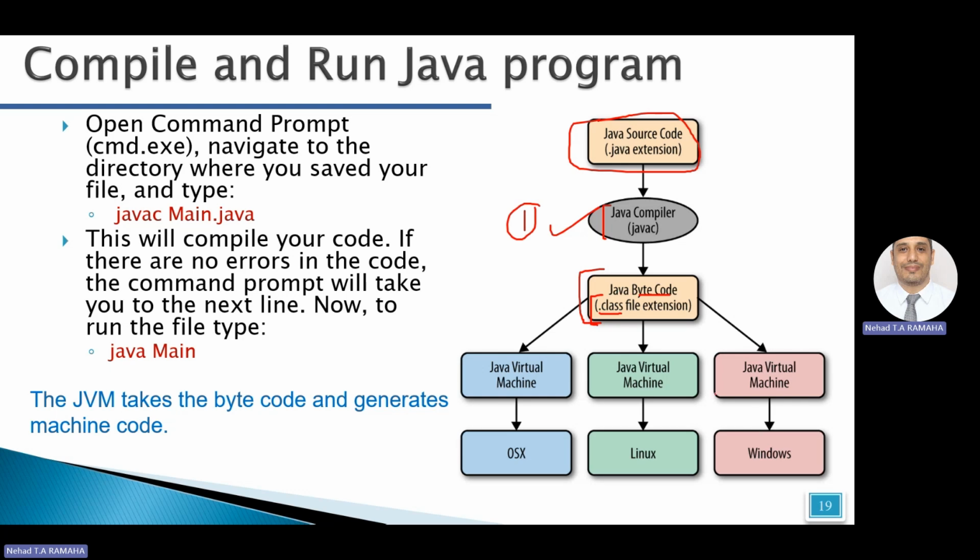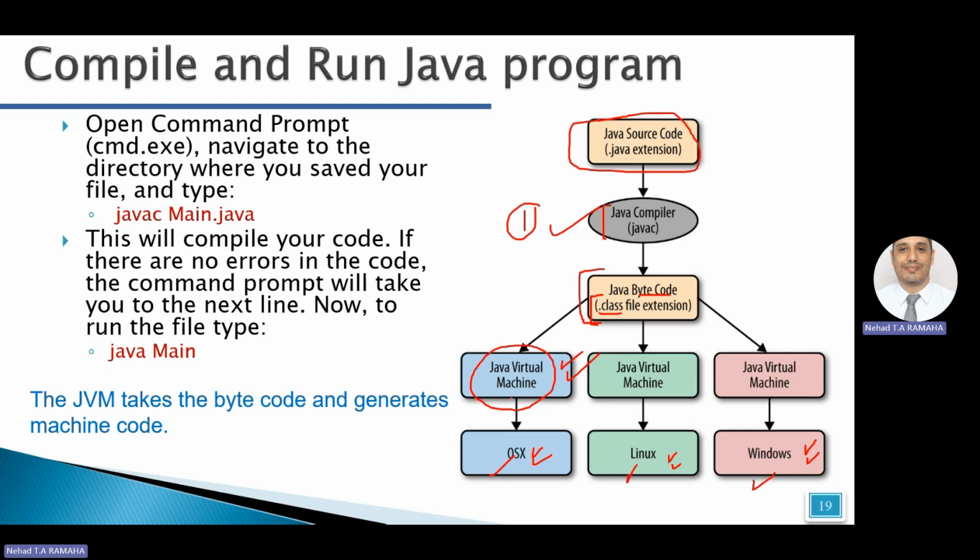Then this Java code can be run by any operating system that has something called the Java Virtual Machine. This interpreter, the Java Virtual Machine, will interpret the Java code into something that can run using the operating system. Why is it portable? We still need the Java Virtual Machine, because all operating systems have a Java Virtual Machine.